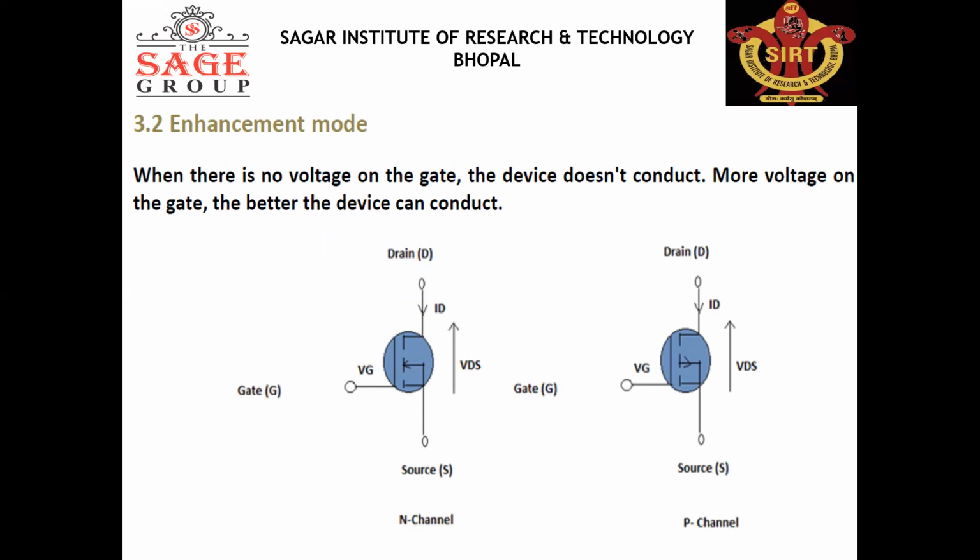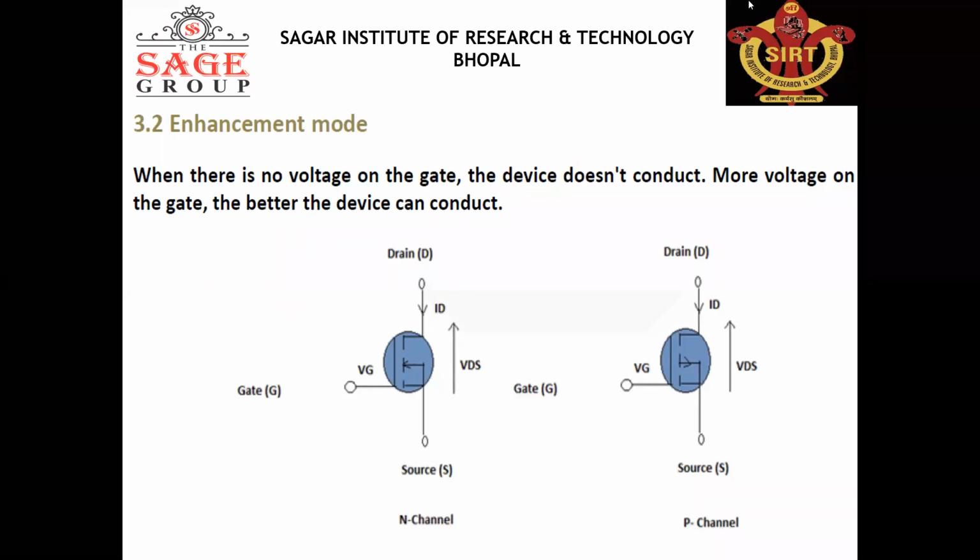When there is no voltage on the gate, the device does not conduct, because in enhancement mode the channel does not exist between the drain and source. You can see here that there is a break between the drain and source.